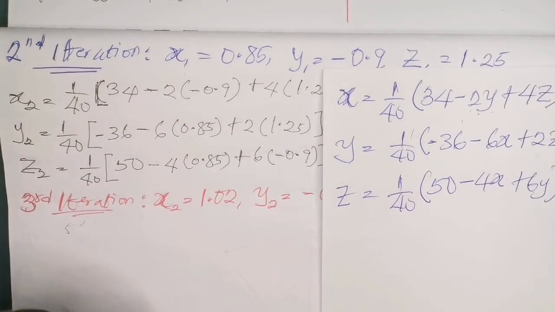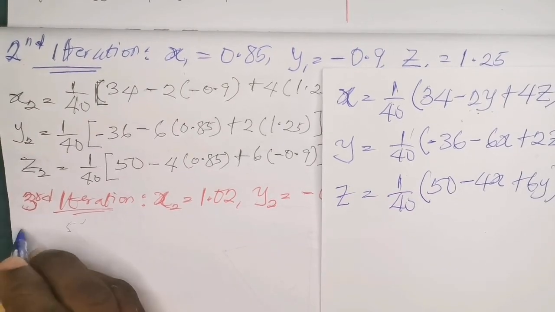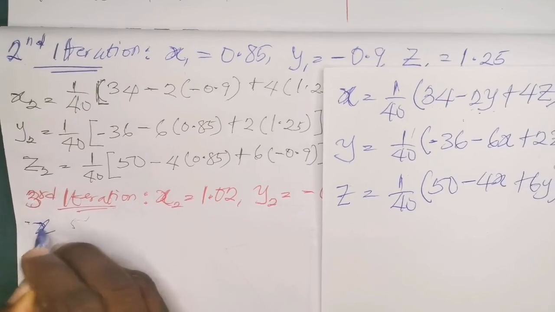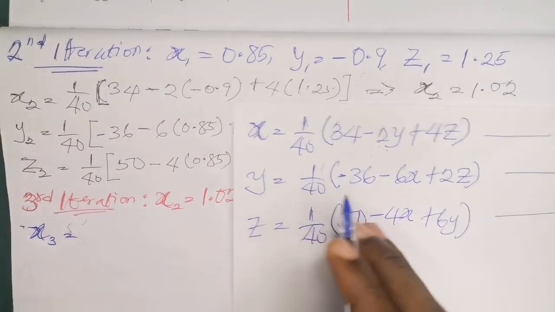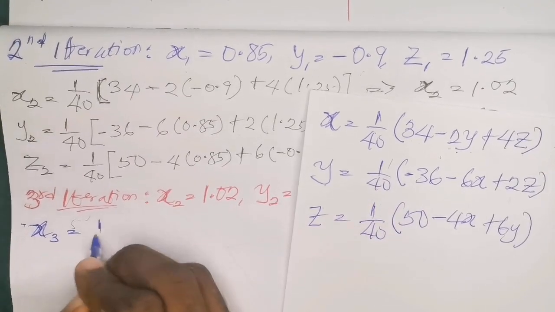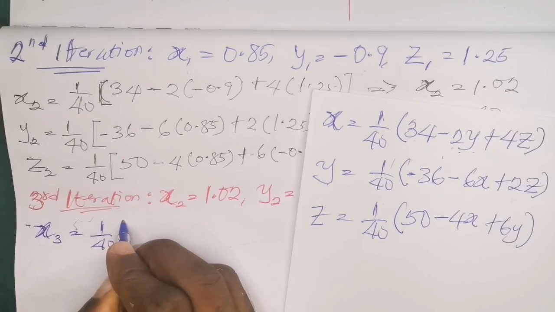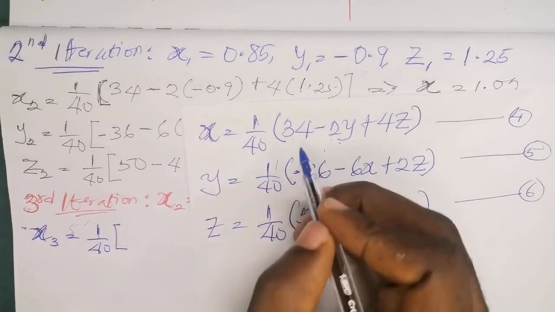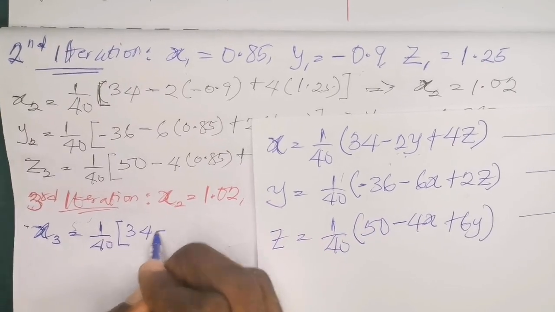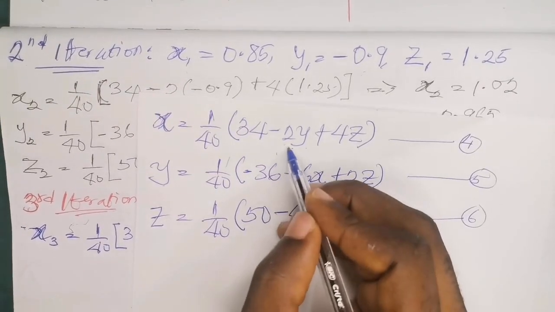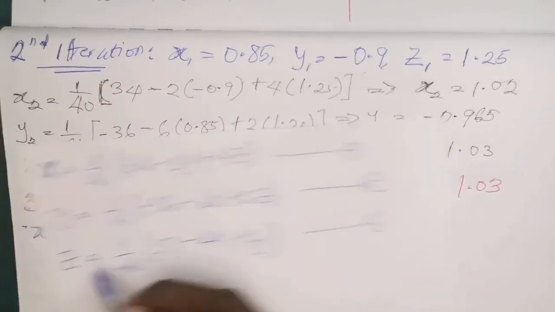So once more, for the third iteration, x now becomes x3. x3 is now going to be equal to, from the equation, I have 1 over 40. So this is 1 divided by 40 multiplied by, I have here 34. So multiply by 34 minus, I have here minus 2y.